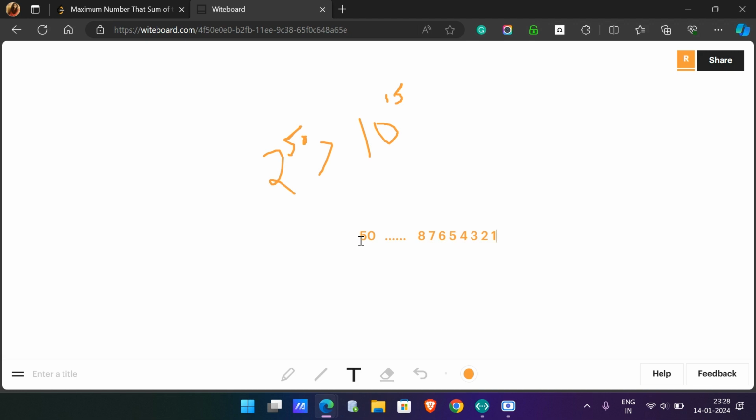Now for each position, I need to consider whether I could put 1 over here or not. Because if I put 1 over here, then that's the maximum integer. So our goal is to check whether I could put 1 or not.